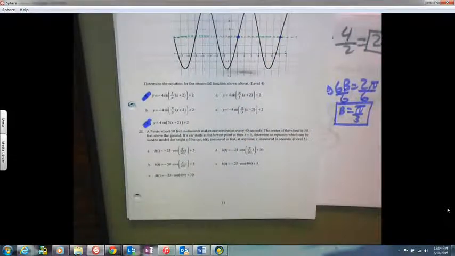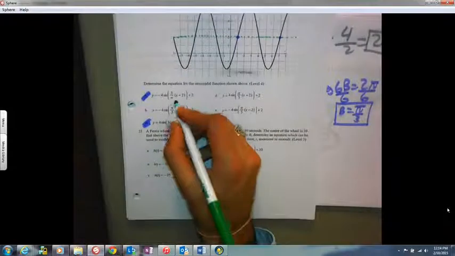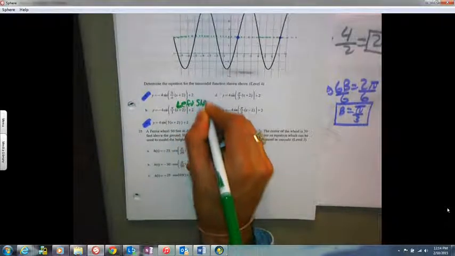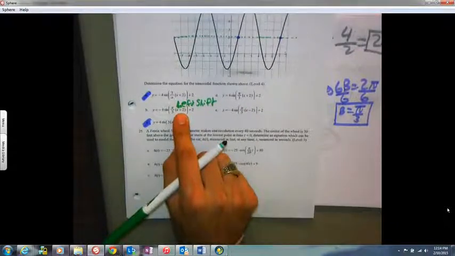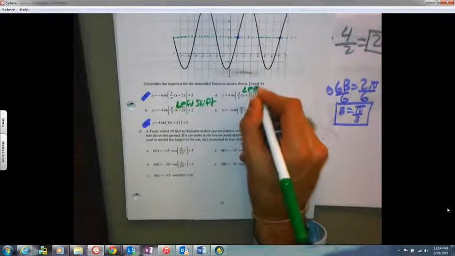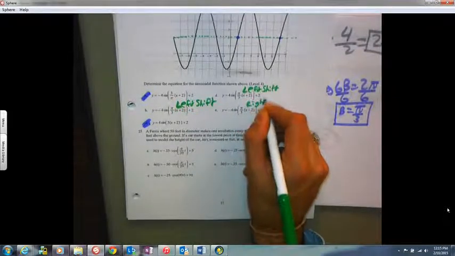So if I look at my 3 answer choices that are left, I notice that these 2 answer choices both have a left shift. How do I know it's left? Because I do the opposite of what it says inside. This says +2, the opposite of that is left. This is also left shift. This is a right shift. And we know we are shifting by 2.